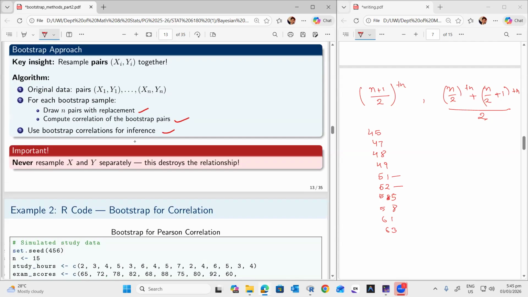There is one important thing: never resample x and y separately. This destroys the relationship. When you generate again, the combination should remain as it is.